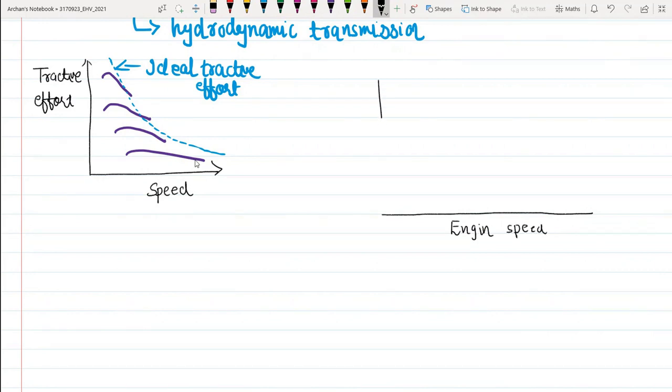On the vertical axis, let us say our different speeds are there. Say V1, then V2, V3, and V4. Okay, so these are the different speeds which are to be achieved like this.